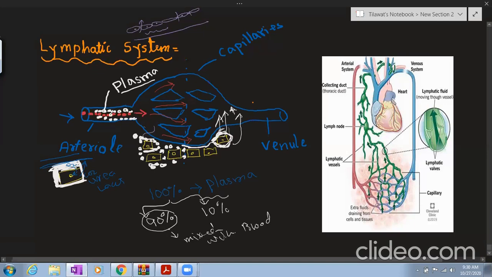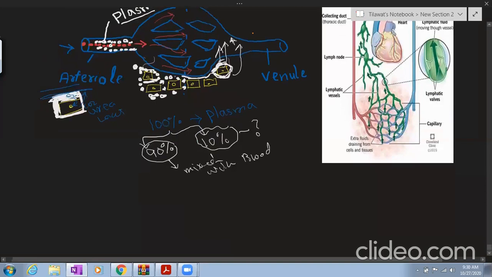What will happen with this 10%? This is a question. This 10% will mix through your lymphatic system to your blood. Okay, what is the lymphatic system? If, for example, the blood is passing through this capillary again and again, and it is losing 10% of plasma, what will happen?